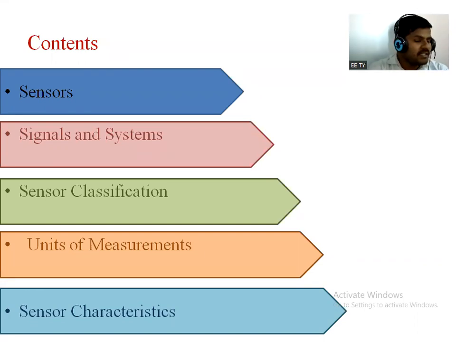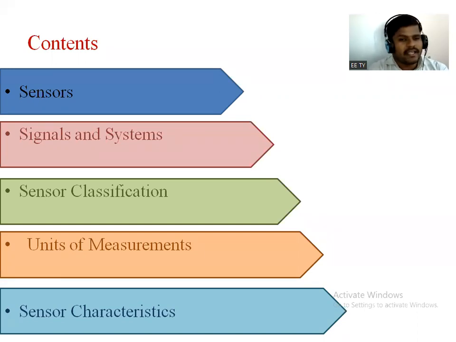First of all, understand the sensor, and there are different characteristics of sensor. You should understand these characteristics, because depending upon those characteristics, you are able to choose a sensor for a particular application.